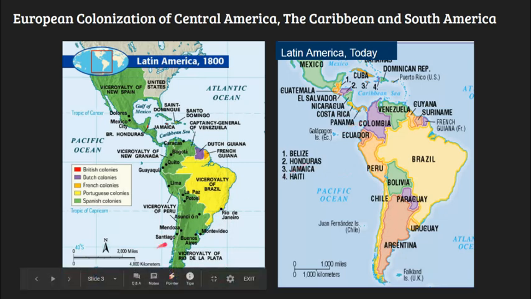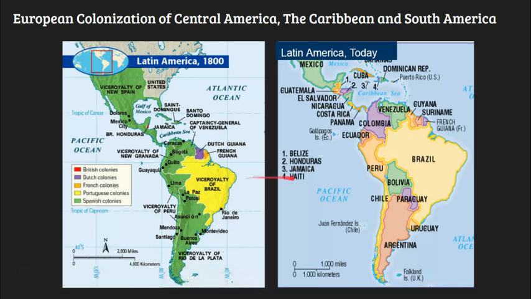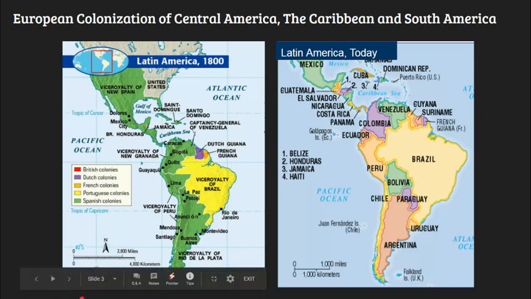Make sure you look at the difference between the two. Specifically, we see Belize, Honduras, Jamaica, and Haiti, how they're divided up here from one, two, three, and four, comparing the territories that were here back then.